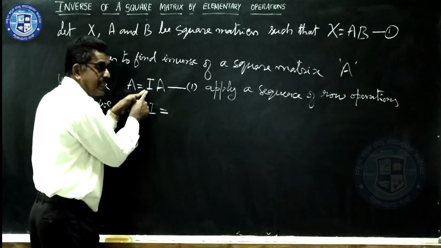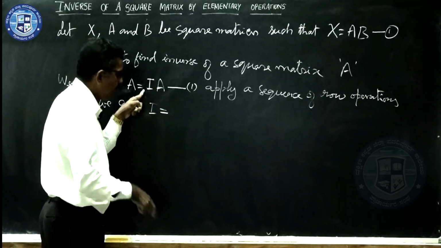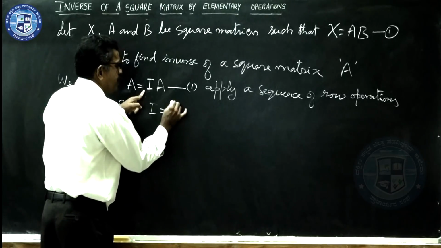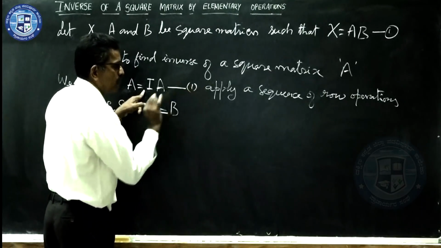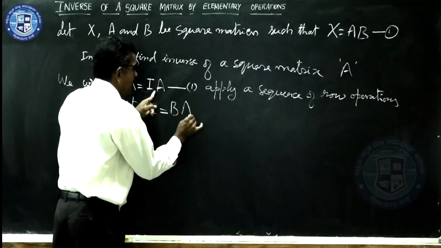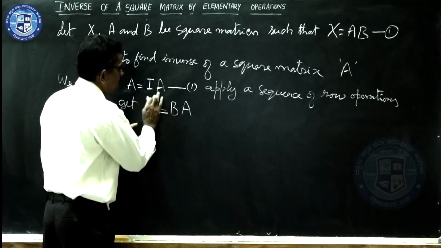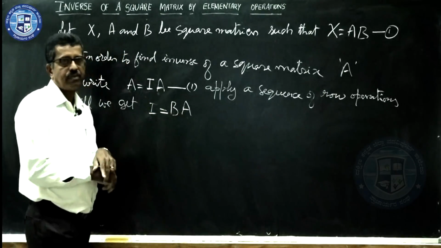Therefore, that first matrix will not be I, it will be changed. Let it be B. The second matrix will not have any changes, so it will be the same A.